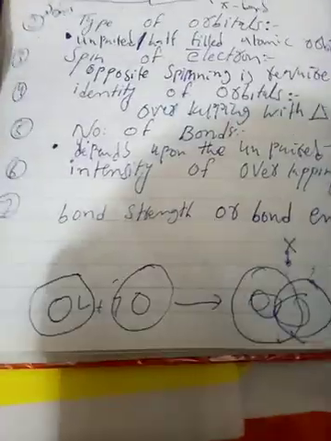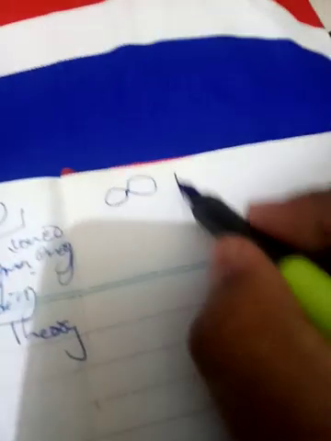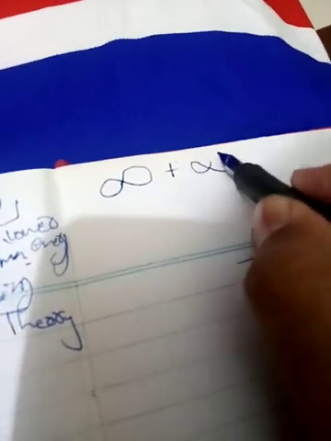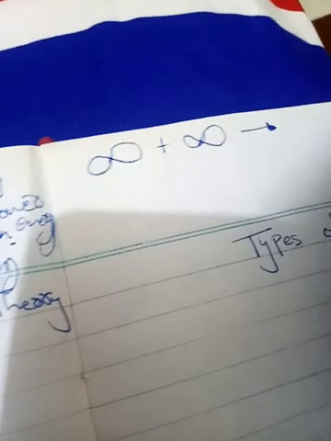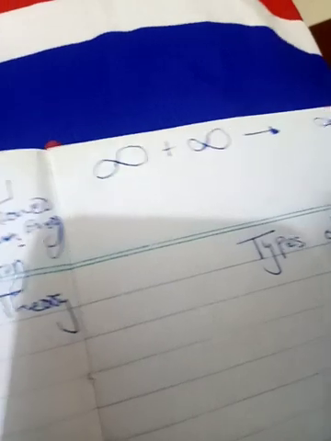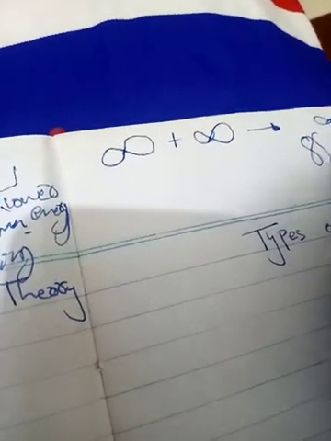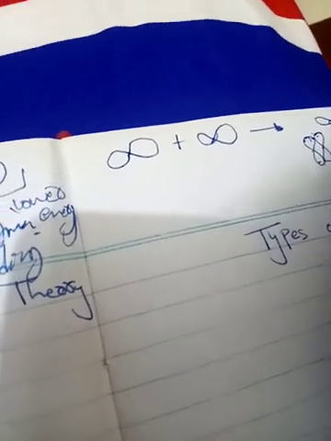So it will be like this, which I am drawing here. This is a p orbital plus another p orbital, then they will form like this. Or they may form like this. This one is the pi bond. So they are sharing electrons with each other.